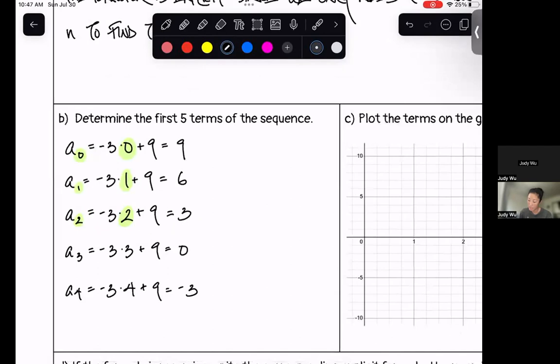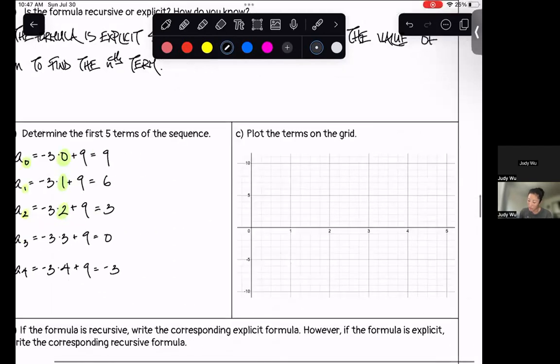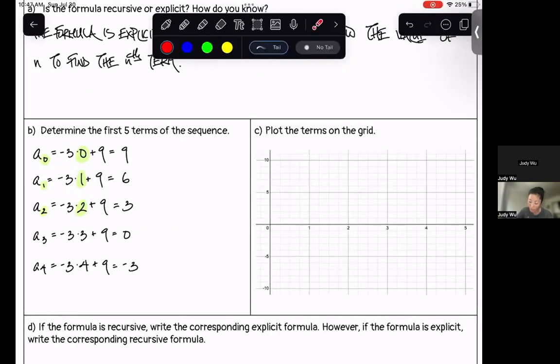Okay, so let's go ahead and plot these points. So 0, 9, 1, 6, 2, 3, 3, 0, and 4, negative 3. All right, those are our coordinates.